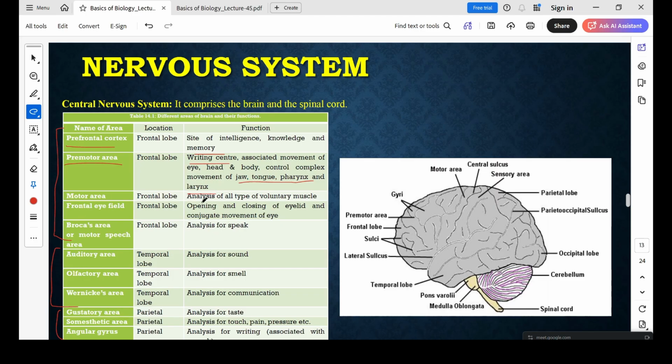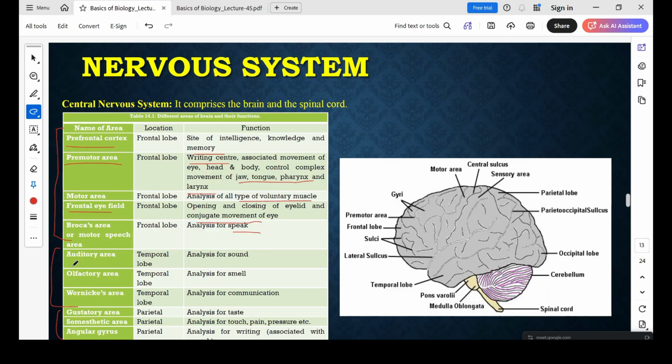Next is the motor area, which is responsible for voluntary muscles. Frontal eye field is responsible for opening and closing of eyelid and conjugate eye movement. Broca's area or motor speech area is responsible for speech along with premotor area.